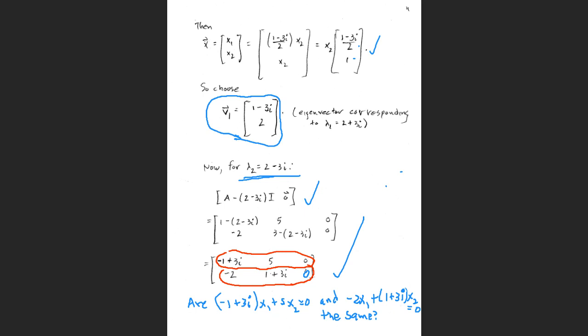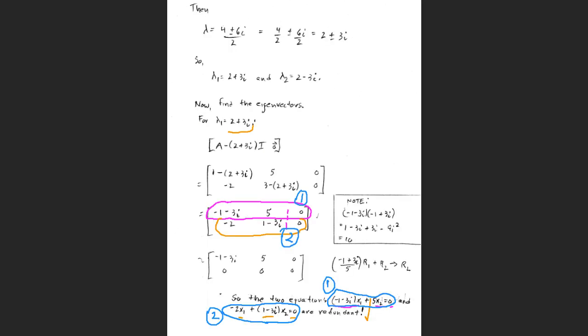Because if we look back here, when we did the row operations, we ended up with a non-informative second equation. Basically, we ended up with only one meaningful equation. We had two equations, right?